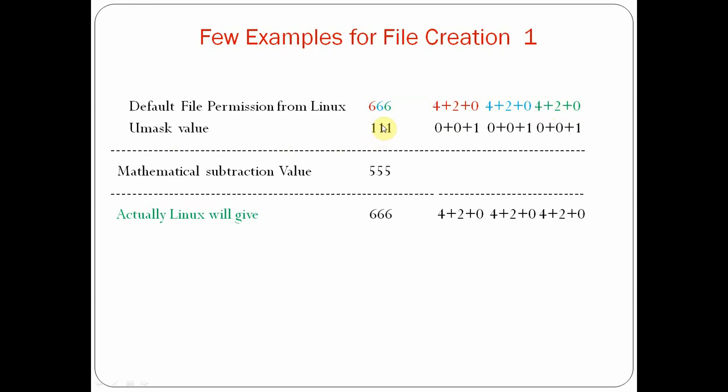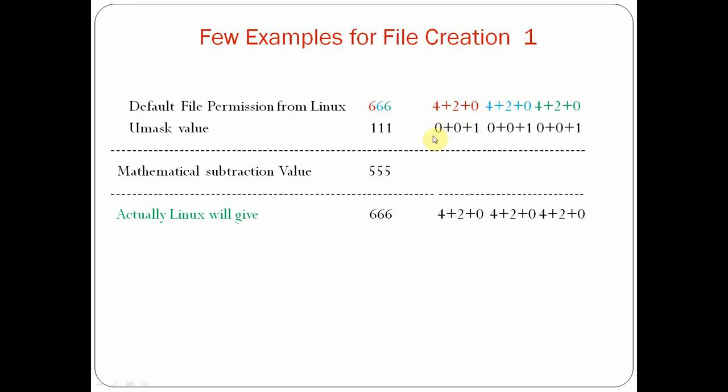In case of group, I don't want to restrict read, I don't want to restrict write, I want to restrict execute. Well, in this example, by default Linux itself is not giving you execute permission.